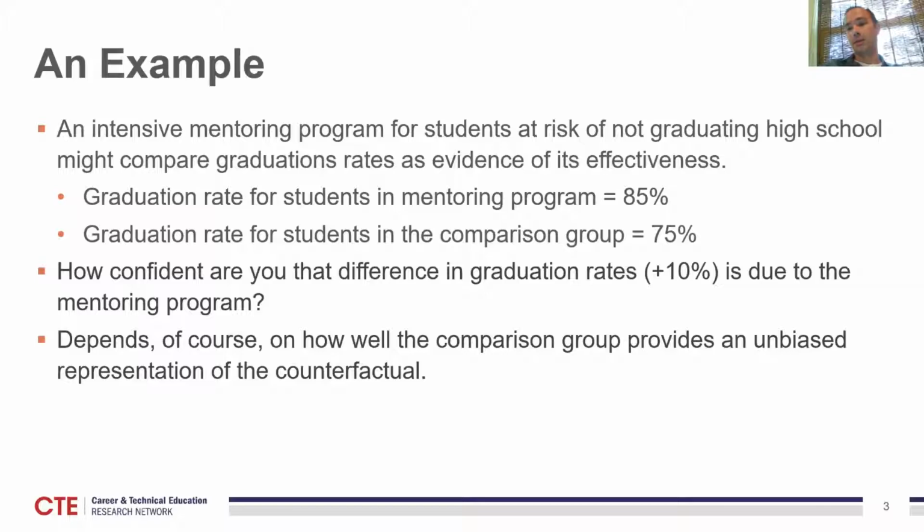And you might think that this might be some evidence of effectiveness. What problems might you see with that? How confident are you that the difference in graduation rates is due to the mentoring program? Any thoughts from the group?